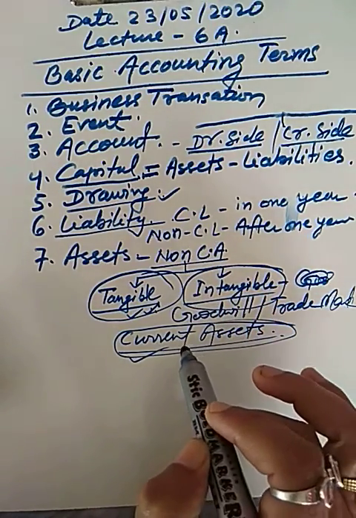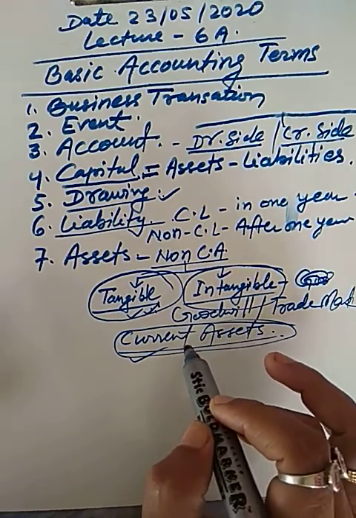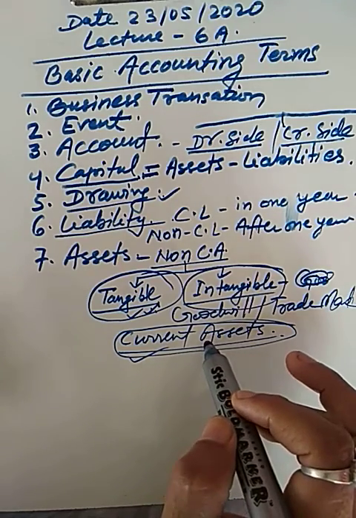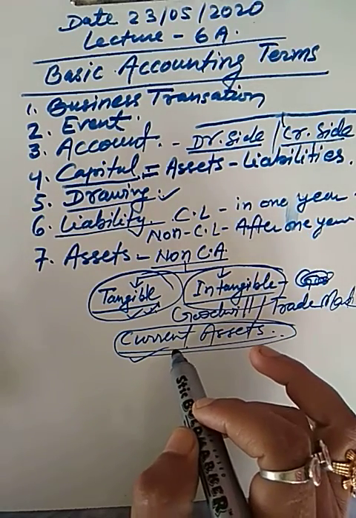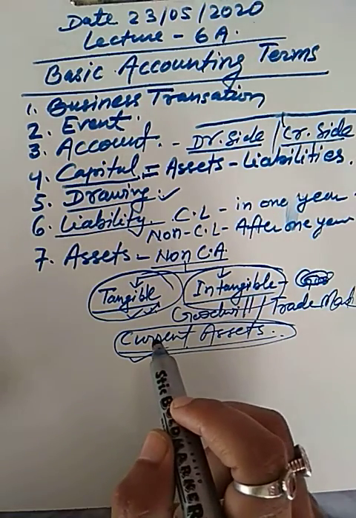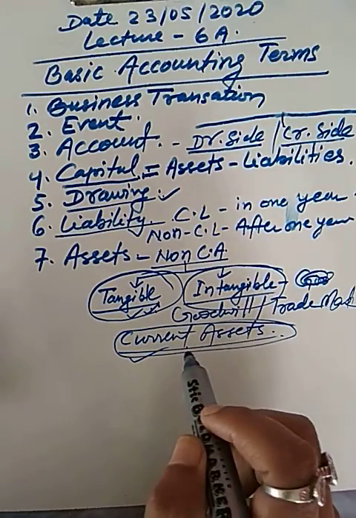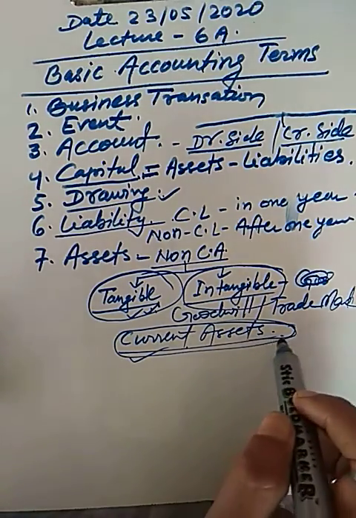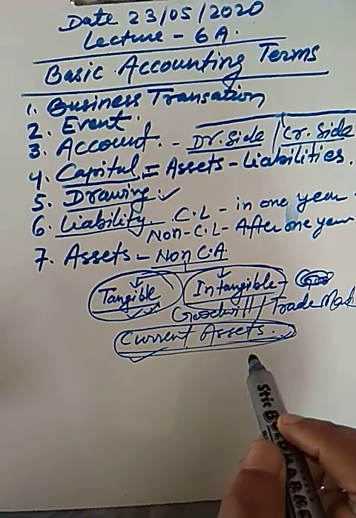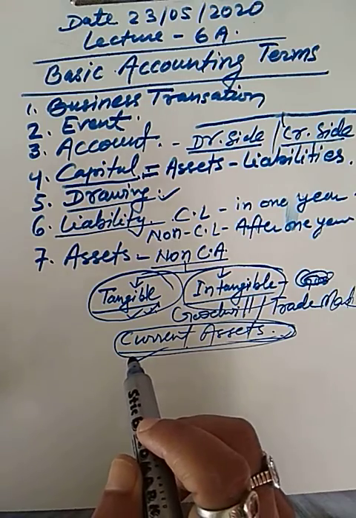Current assets are sold in business and converted into cash within a year. For example, we can say debtors, stock, cash, etc. are always fluctuating, going out and coming in business. So these are current assets.